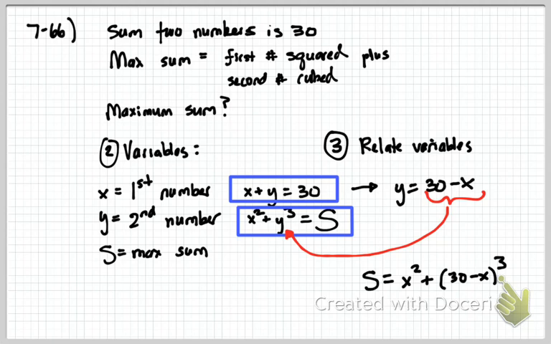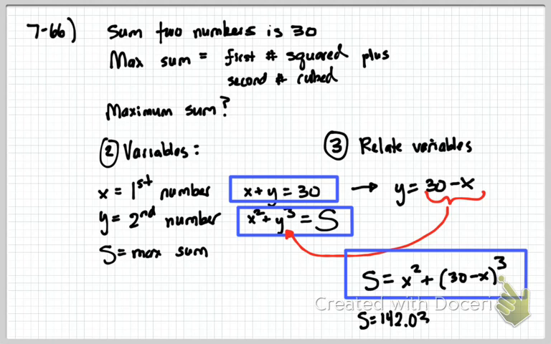So all it's asking for in the problem is to find a sum that expresses this, which is this, and if you were to put this in your graphing calculator, the max value is 142, so your sum is equal to 142.03 when x is equal to 12.938. But the expression is really what they want, which is right here.